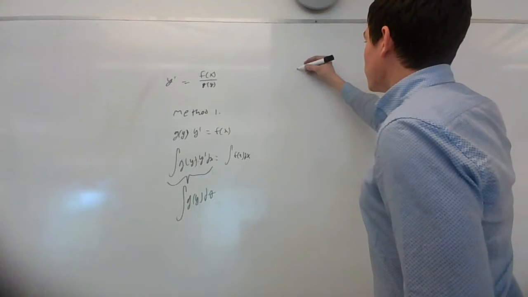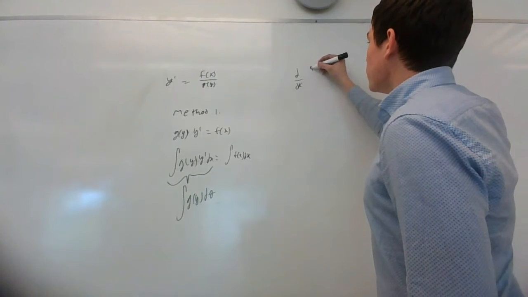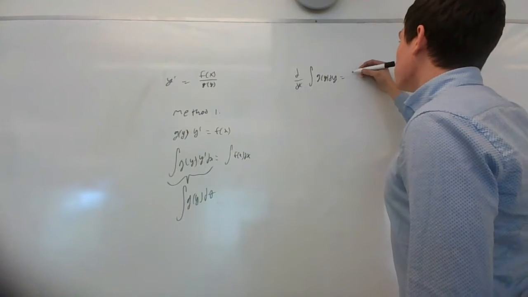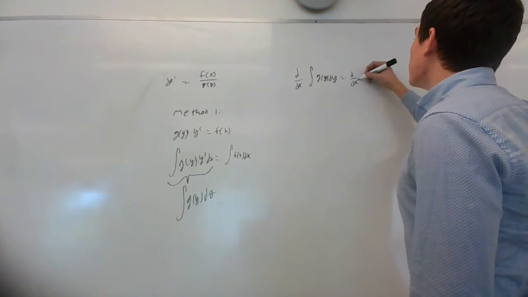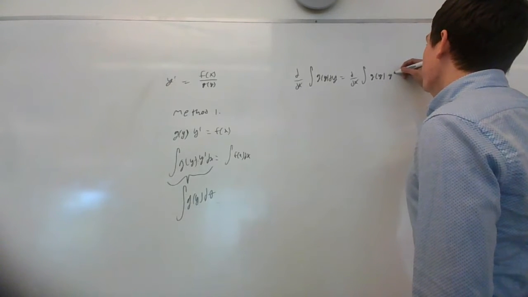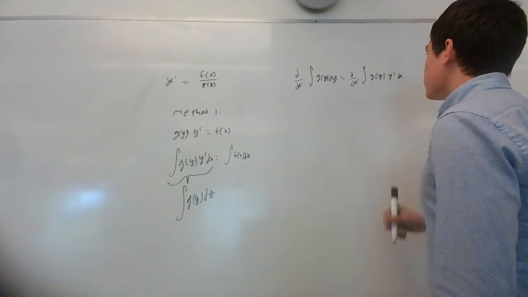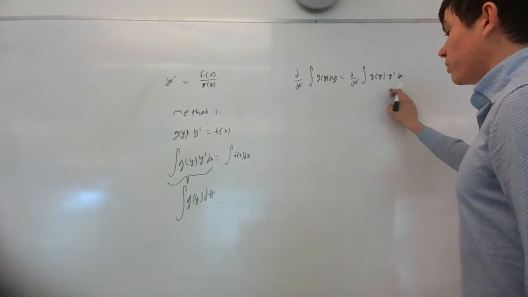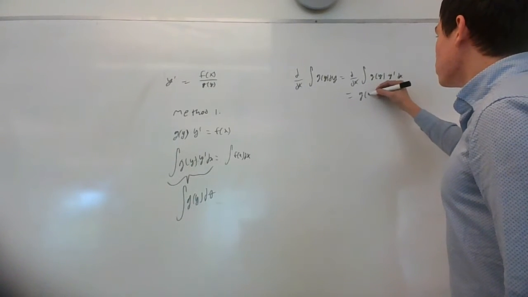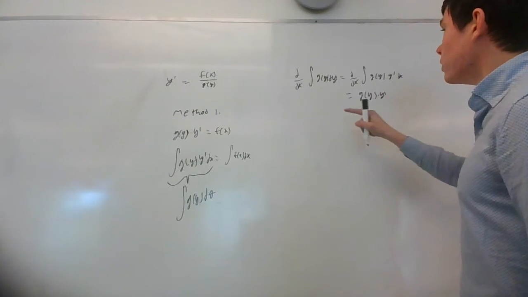If this is true, then d/dx of integral of g of y dy is equal to d/dx of integral of g of y times y prime dx. Derivative of antiderivative just gives you the function inside. So this is equal to g of y times y prime.